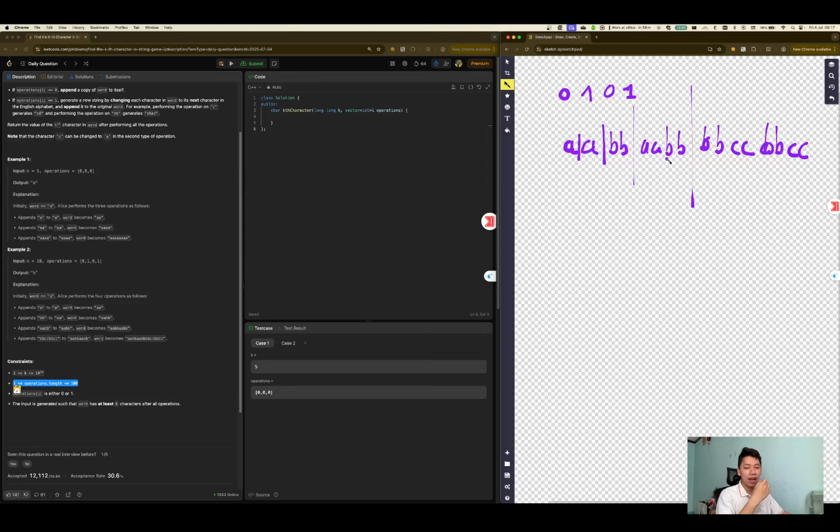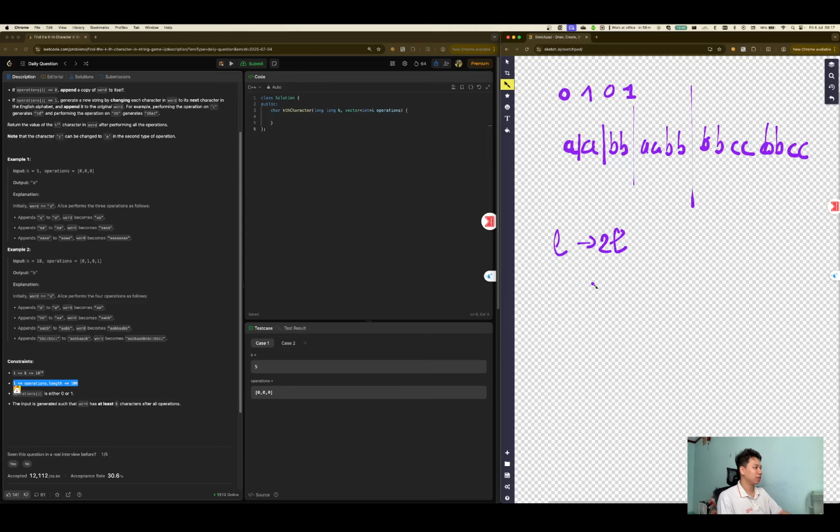You can see that after each operation, the length of the string doubles. So after each operation, you retrieve the length. This is the initial length 1, and after the first operation you got 2, after the second you got 4, next you got 8, and then you got 16, right?